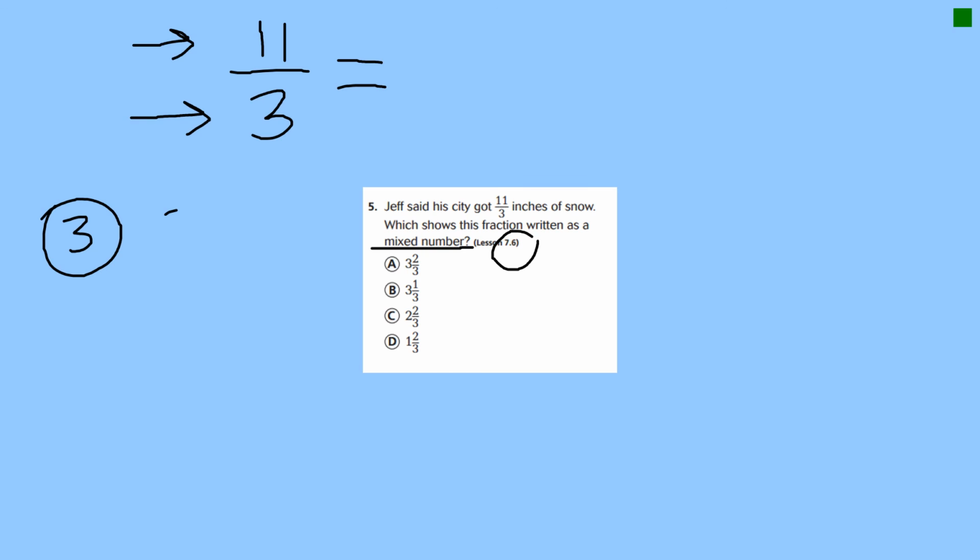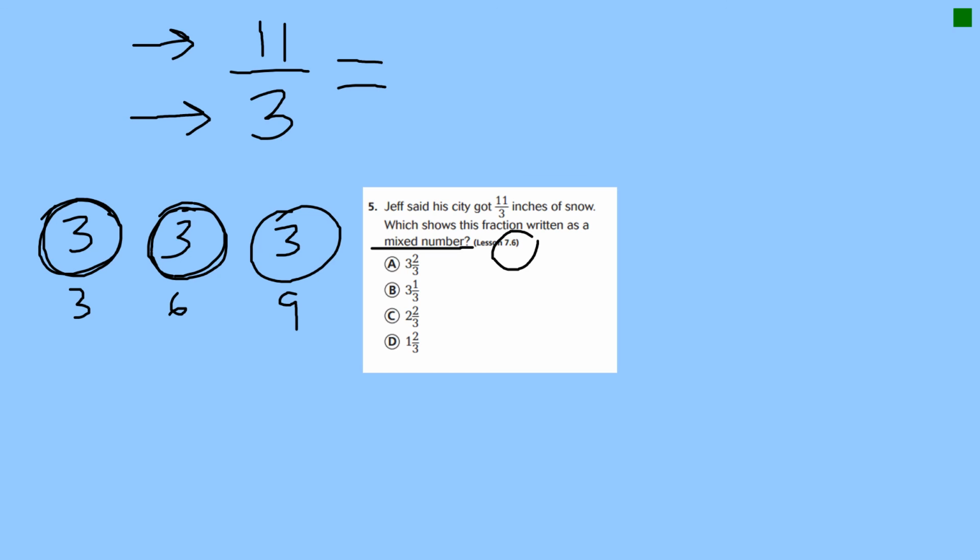That's 1. There's another 3 pieces. That's 3, 6. We've only used 6 pieces out of the 11, and we've made 2 whole things. There's another whole thing made with 3 pieces. So that's a total of 9 pieces. 3, 6, 9, right? And that's 3 whole things right there.